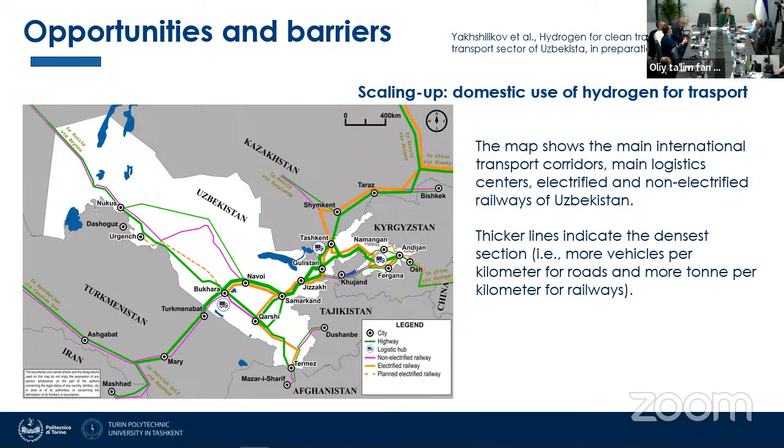So here we are also looking at some scenarios for further use. This could be the domestic use. Here we've mapped the most important logistic hubs in Uzbekistan, but also some applications for railway. You know that in the country there are some non-electrified areas that could benefit from hydrogen technologies and so on.